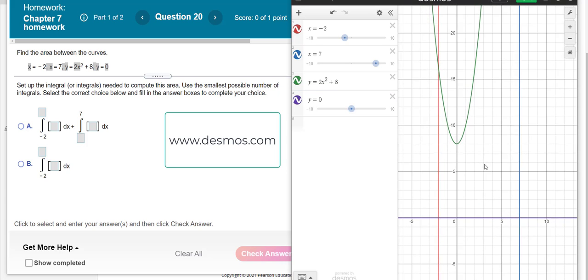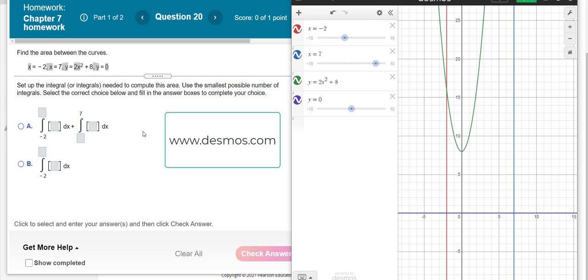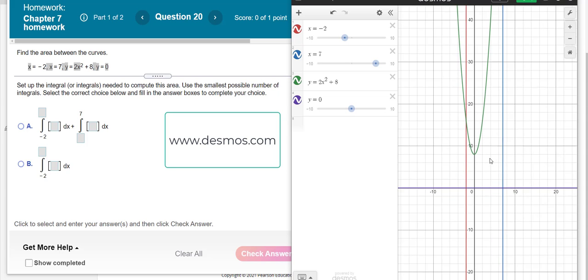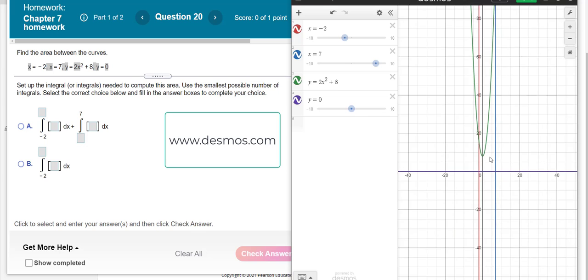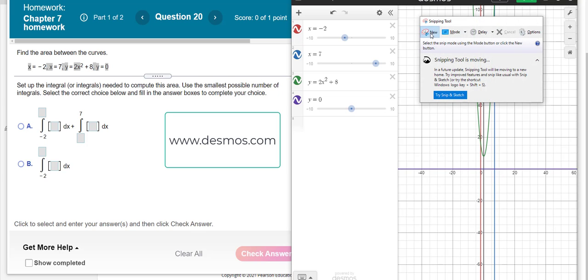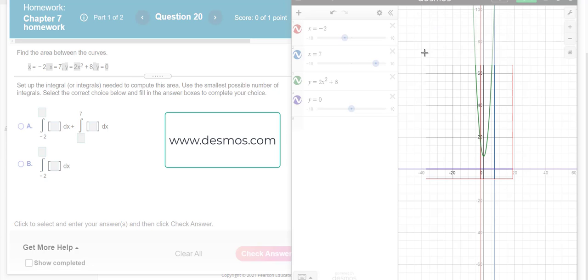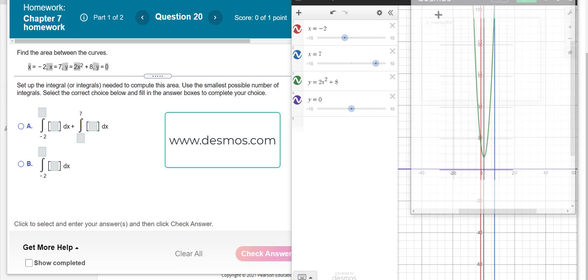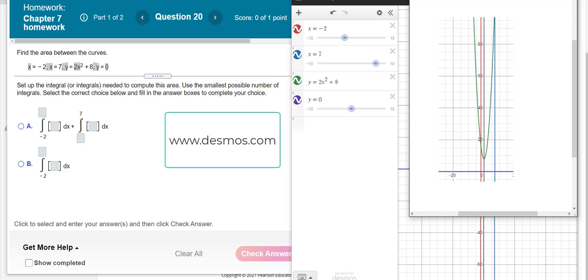So hopefully from this picture you can see it says find the area between the curves. So the thing between is this space that's in here. I'm going to snip this so I can take it over in Paintbrush and show you which area they're talking about.